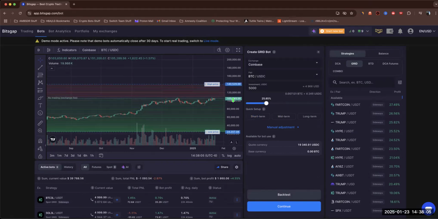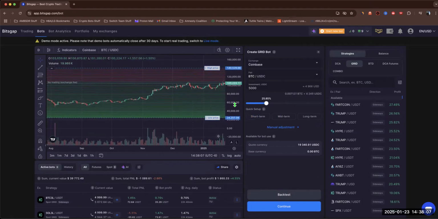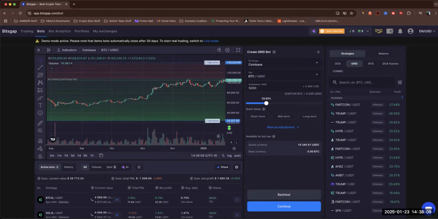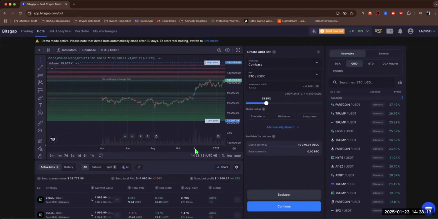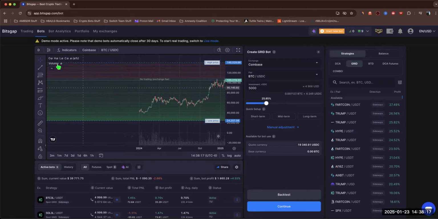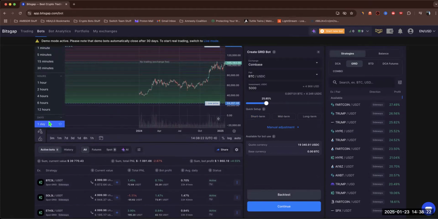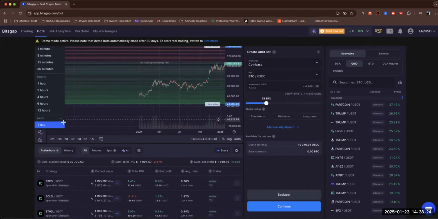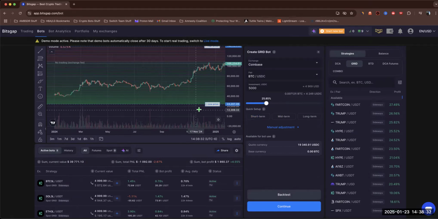I'm not going to tell you where it's going to go or what I think currently at the price. You're just going to kind of play around, and if you want to look at it in a longer term view, you can just change your settings to look. Oops, it looks like day is the longest I can go. So it's only going to let me see a little over a year's price action.